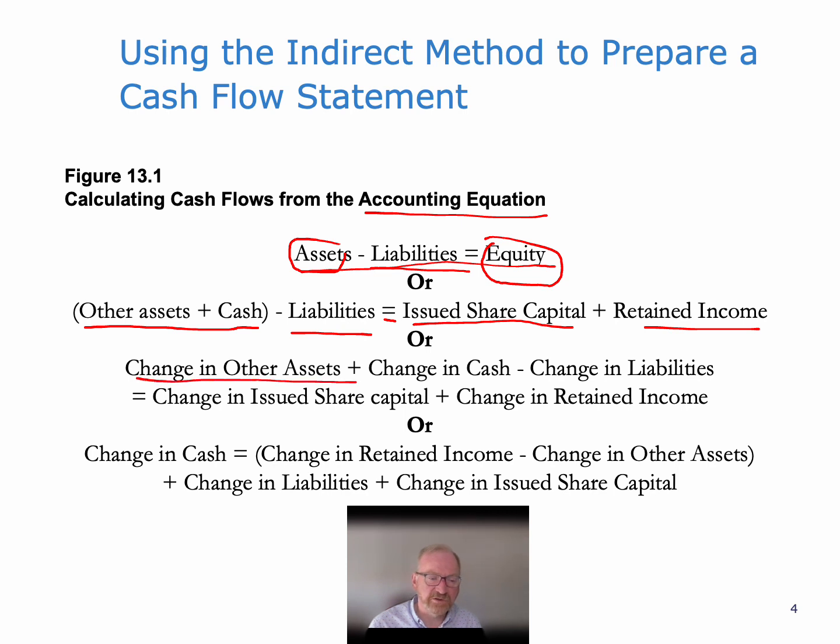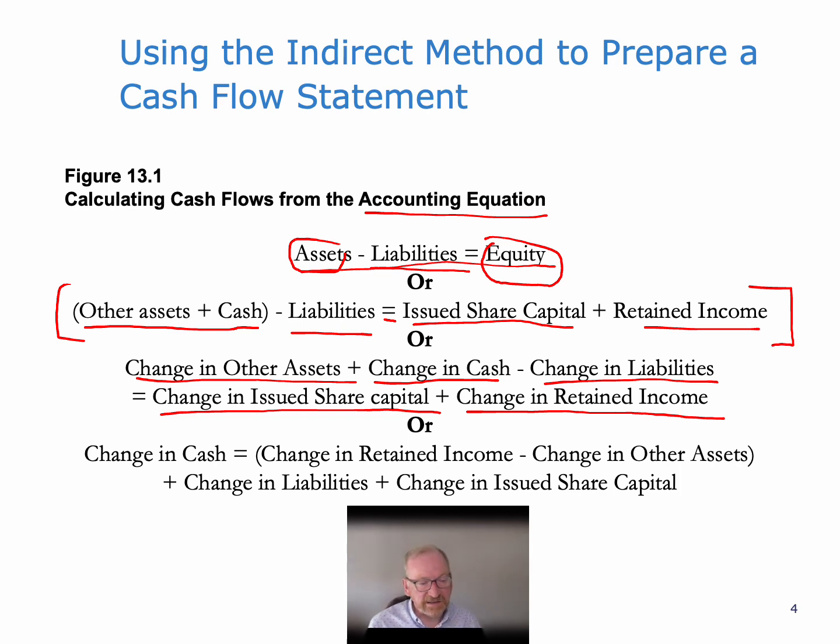So the change in other assets plus the change in cash minus the change in liabilities is equal to the change in issued share capital plus the change in retained income. So all we've done here is write out the equation that we had up here in terms of changes.